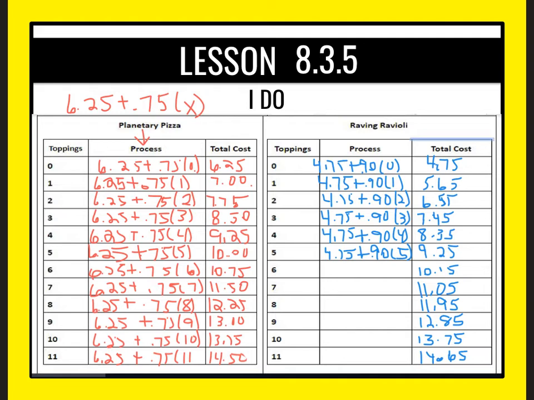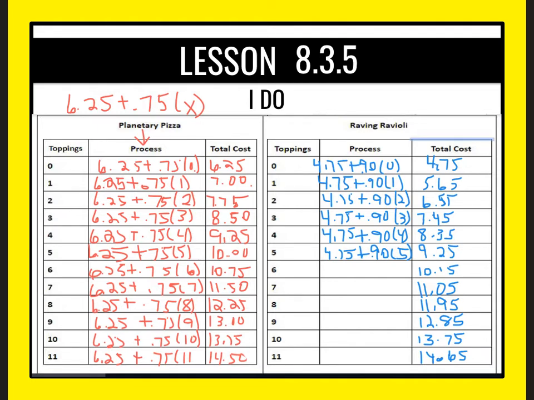So if you notice, you may want to stop your video here and fill this out. The cost of 3 toppings was $8.50, 4 toppings $9.25, 5 toppings $10, 6 toppings $10.75, 7 toppings $11.50, and so forth.